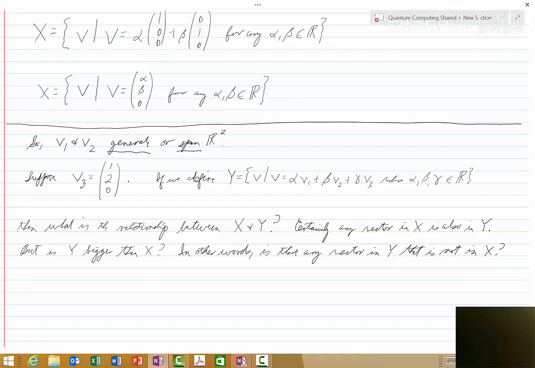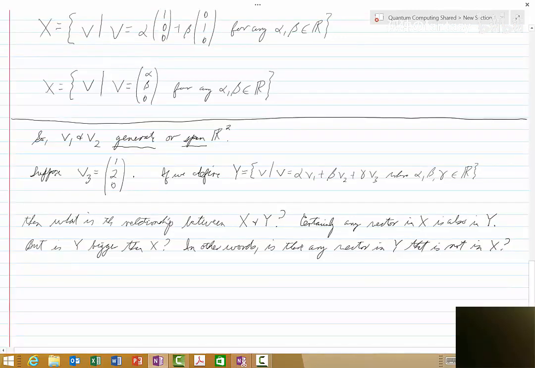Just try your best to grasp this idea, and certainly don't hesitate to ask me questions, either by email or in class, if you have some trouble with it. But in order to try to answer this question of whether or not there's any vector in Y that is not in X, I want to re-examine the definition of Y. So let me write it down again.